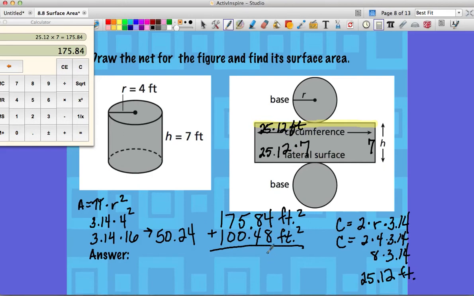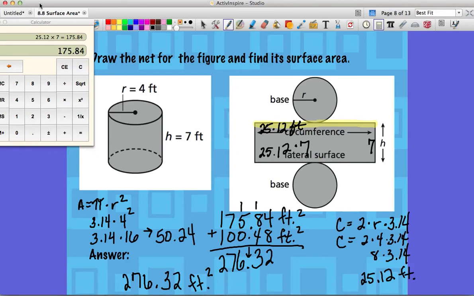We get 4 plus 8 is 12, carry the 1, is 13, carry the 1, bring your decimals straight down. 5 plus 1 is 6, 7 plus 0 is 7, 1 plus 1 is 2. So the surface area of your shape is 276 and 32 hundredths feet squared.